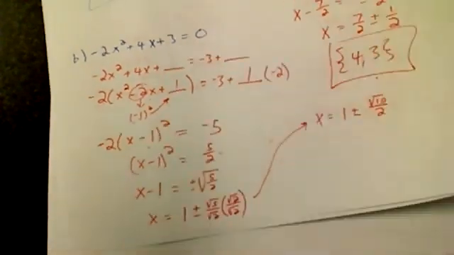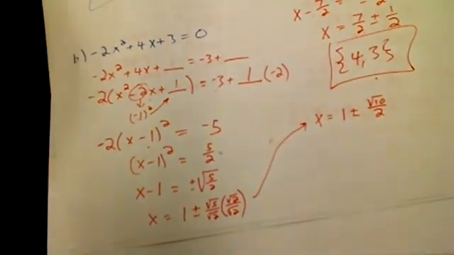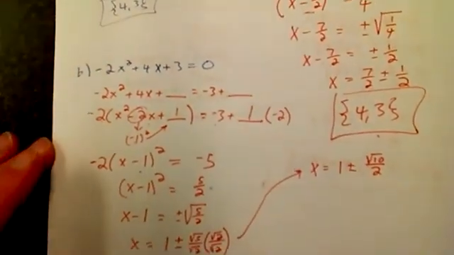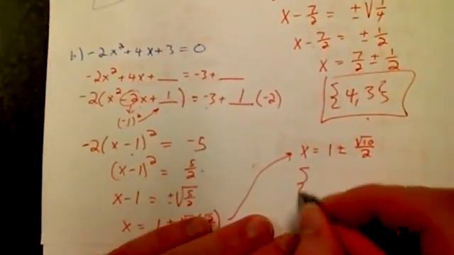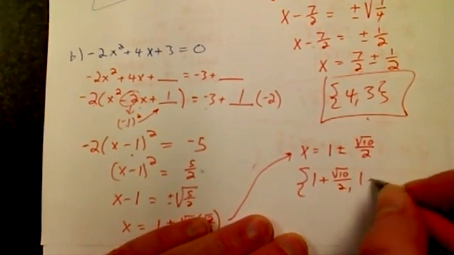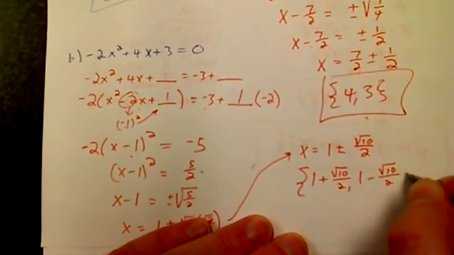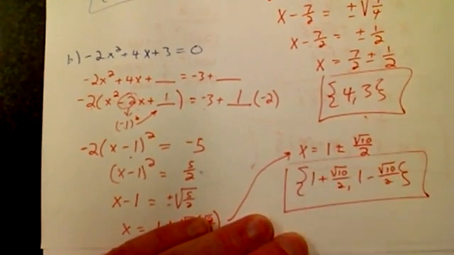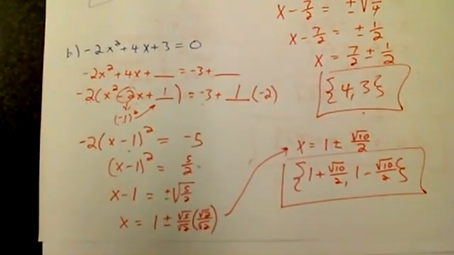I think in the back of the book they combine into a single fraction. You don't have to do that. So I would write the answer as 1 plus root 10 over 2 and 1 minus root 10 over 2. So that's completing the square, guys.